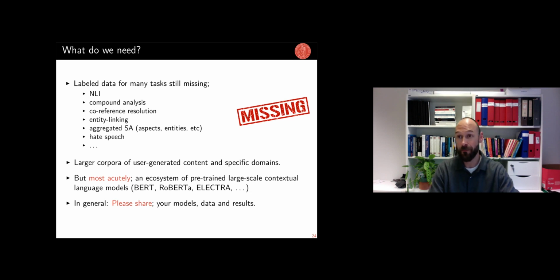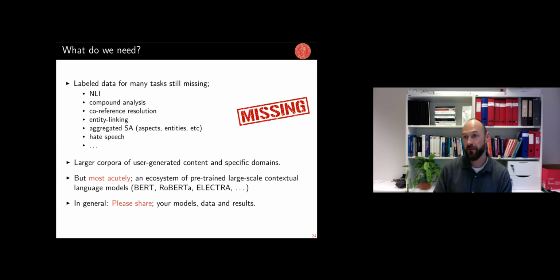Some of the things we're still missing. We're still missing labeled data for several core NLP tasks. For example, natural language inference, which is the task of, given two sentences, a premise and a consequence phrase, determining whether the second sentence is entailed by, contradicts, or is neutral and independent with respect to the first one.